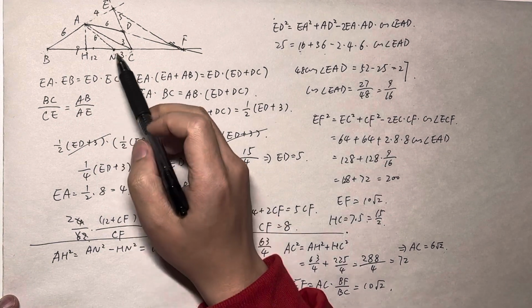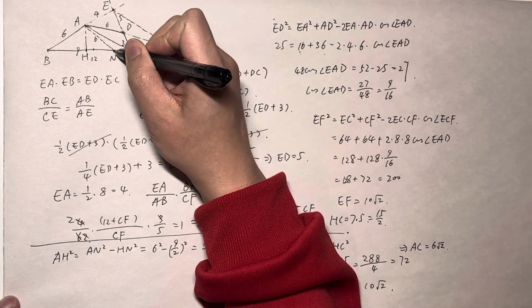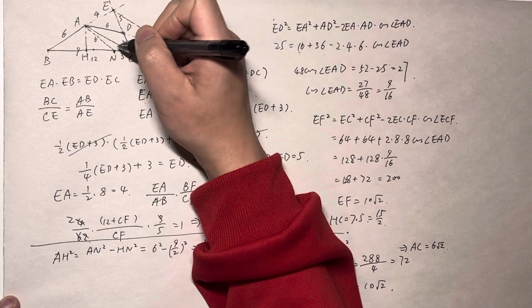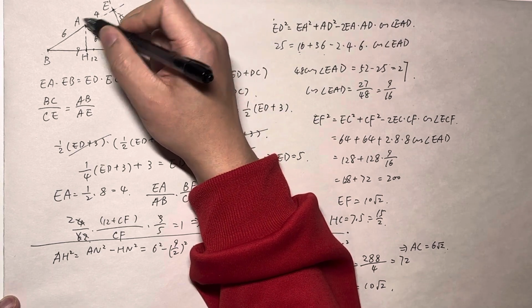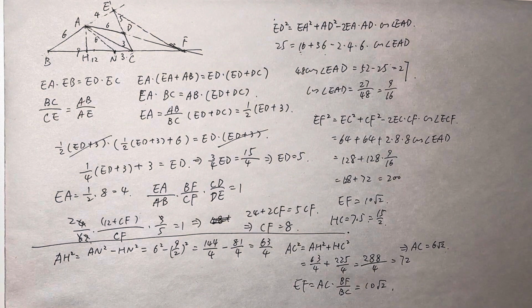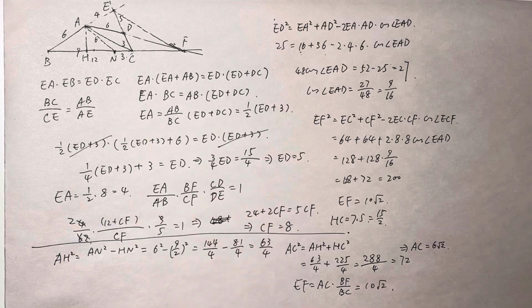Only if you figure out this point N can you draw the same circle to find A. I leave it to the audience to figure out how to draw A, B, C, D using ruler and compass.